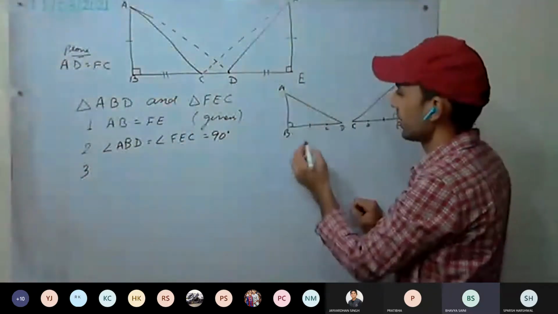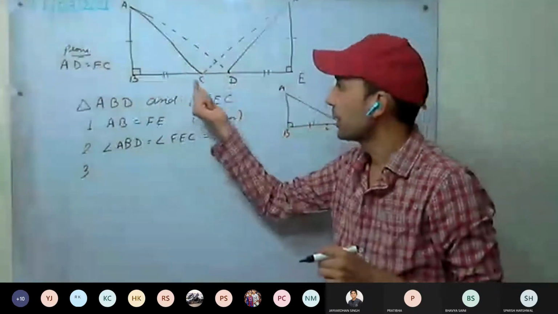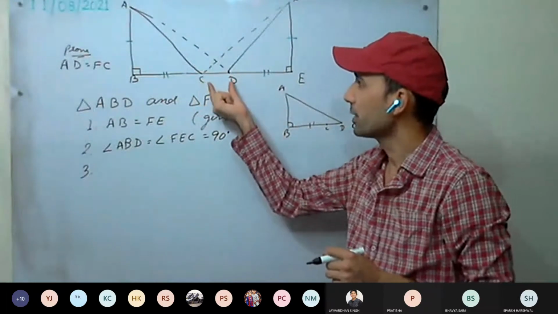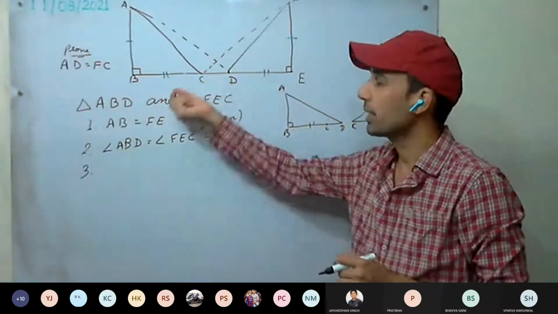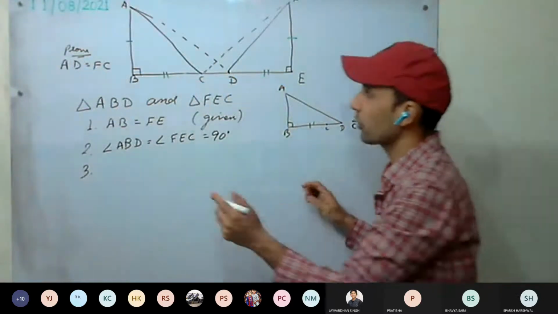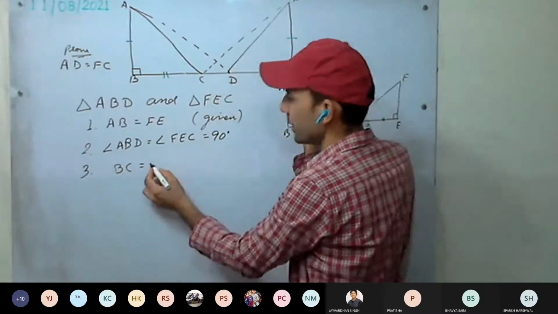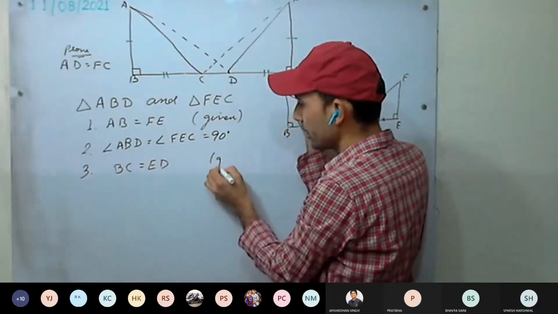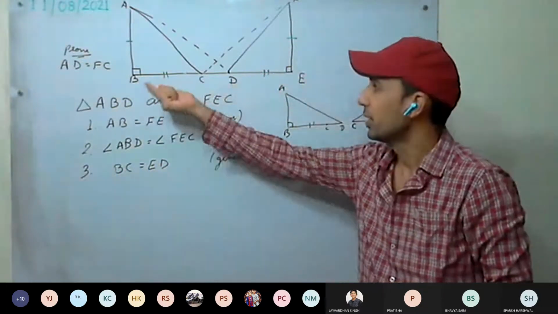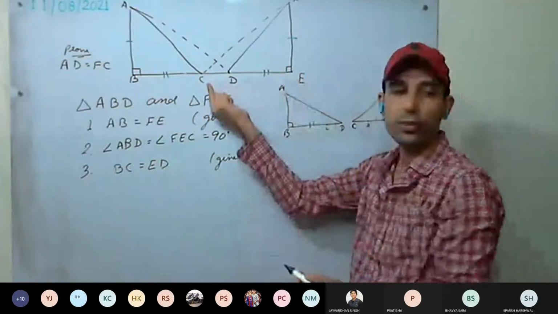CD is common. So see here, to BC we are adding CD, and to ED we are adding CD. So we are adding the same quantity on both sides, so BD equal to EC. BC equal to ED is given, but what we require is BD from the first triangle and EC from the second triangle.